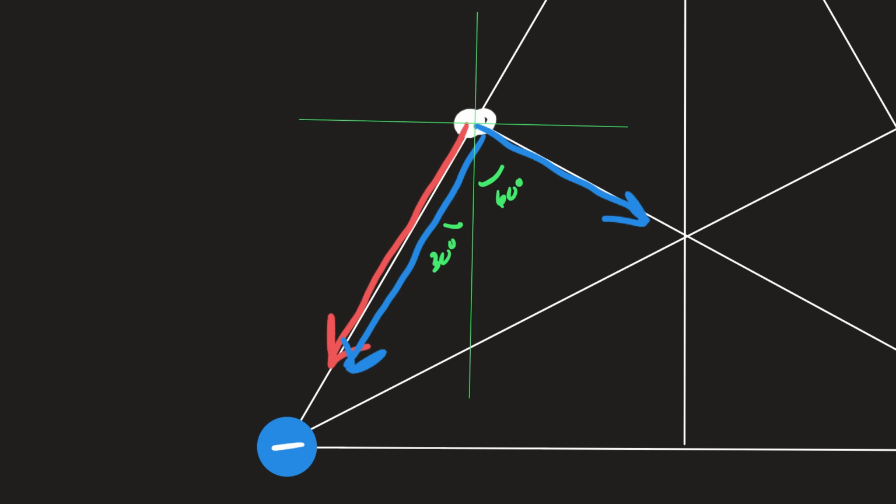So I'll have two components in this direction and a component in this direction. And I will have three components in that direction. Did we see where they're all going to come from?